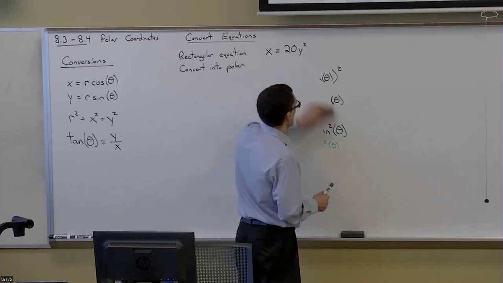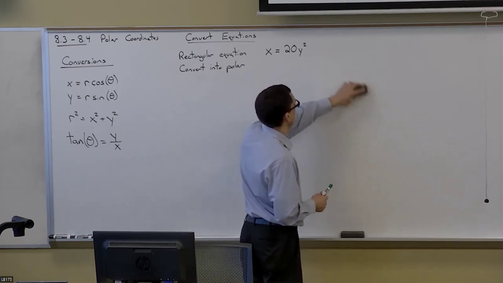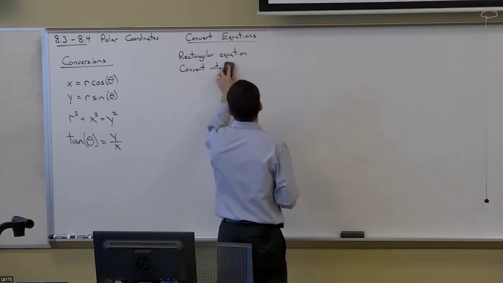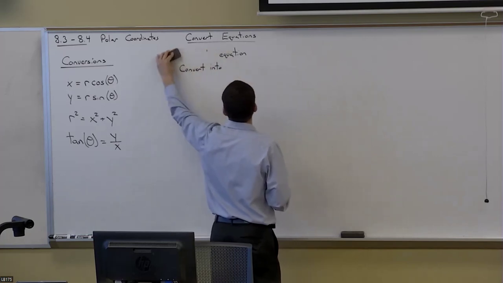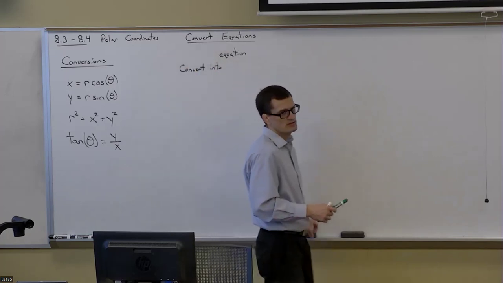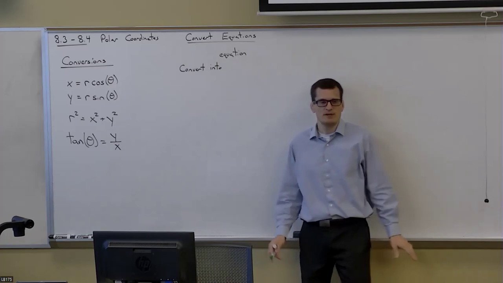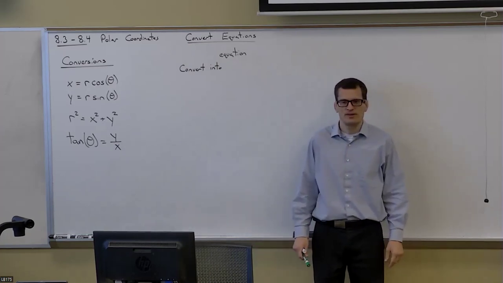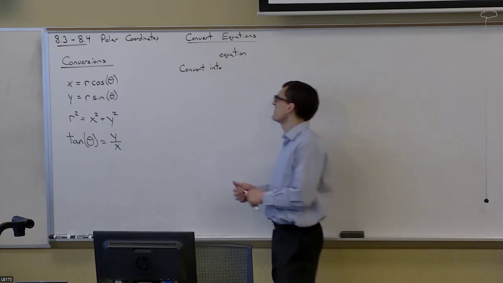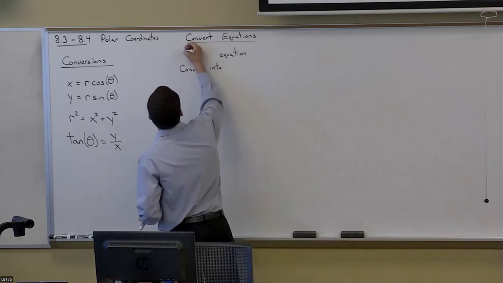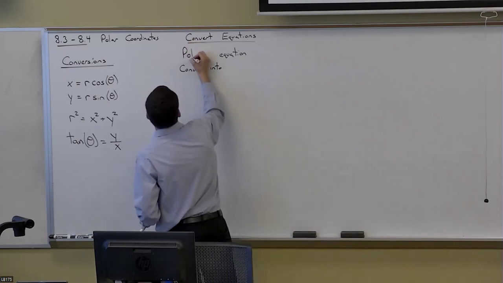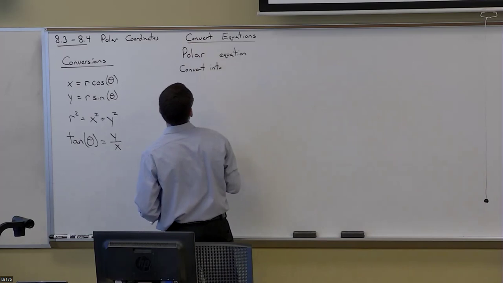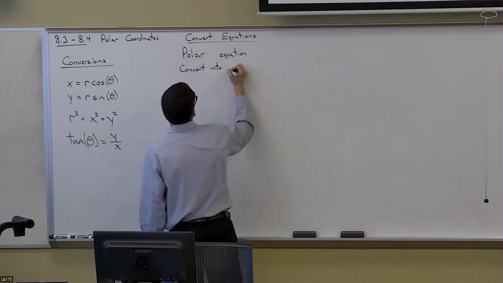I'm going to give you ones that you can solve for r in, but again, in general, you're not going to always be able to solve for r. Now let's go the other way. Let's take a polar equation and convert into rectangular.